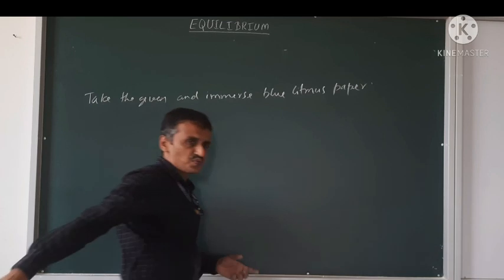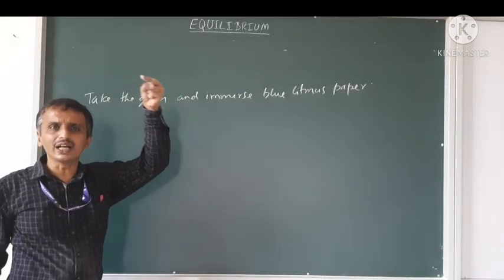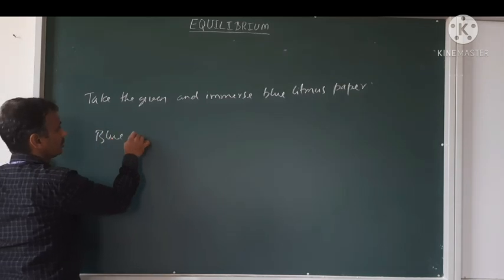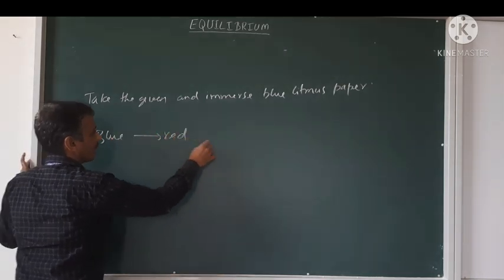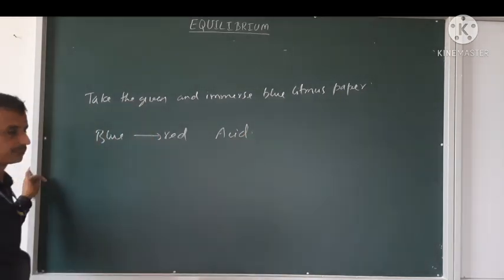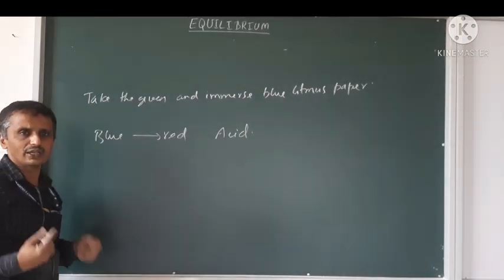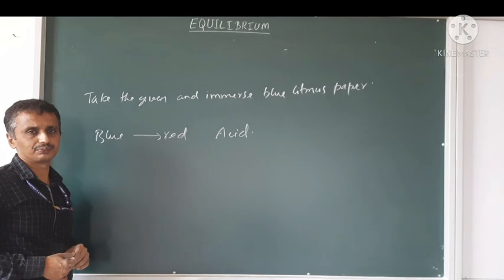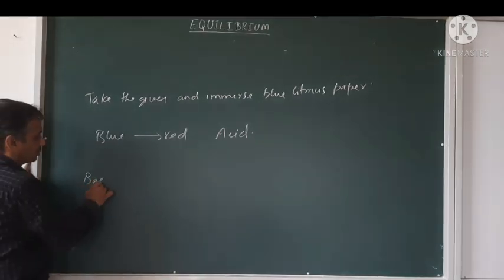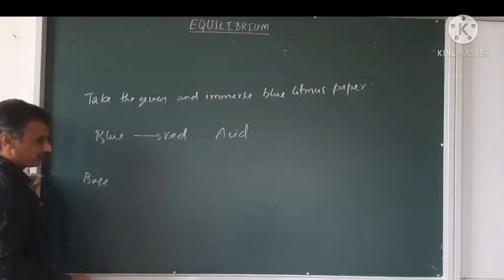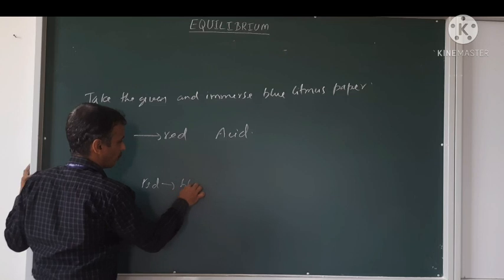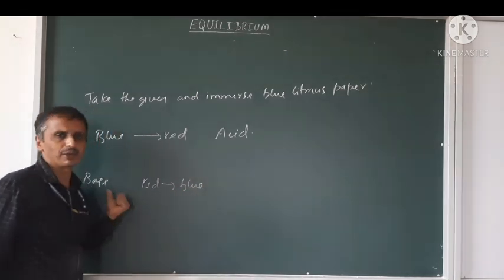If blue turns into red, then it is an acid. If the blue is not turning, it is not an acid. And if a base is there, then put red litmus. If the red litmus changes into blue, it is a base.